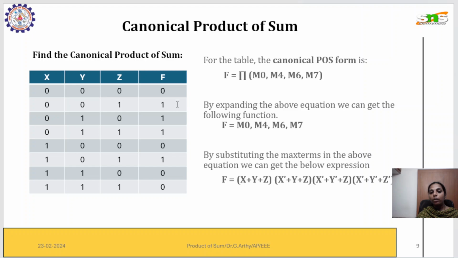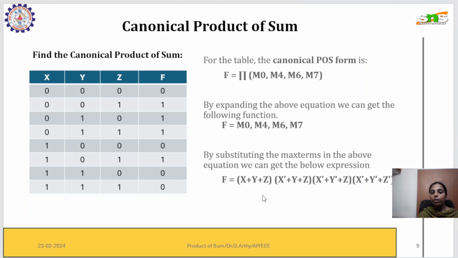Here we write the terms wherever the function is 0, whereas for SOP we wrote them wherever the function is 1. So M0, M4, M6 and M7 have zeros, and this is the canonical product of sum.